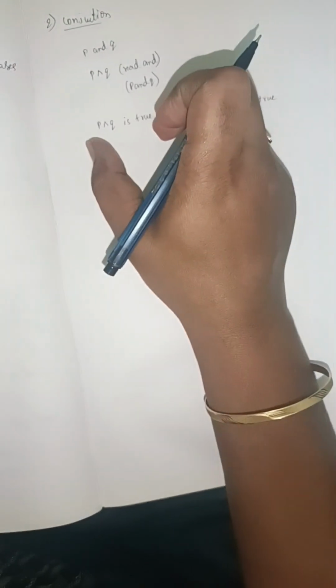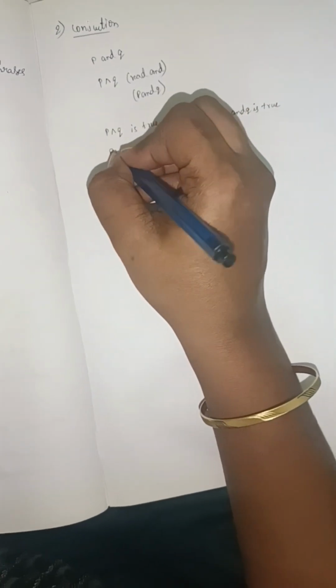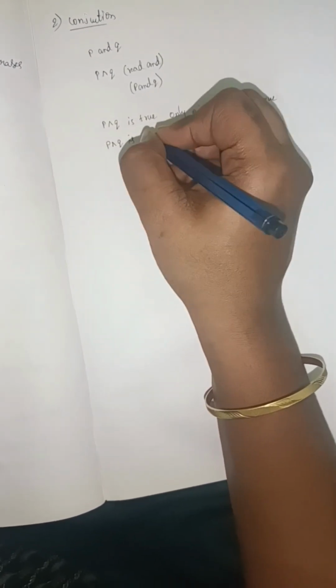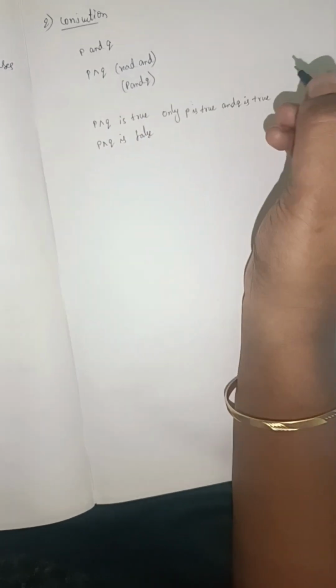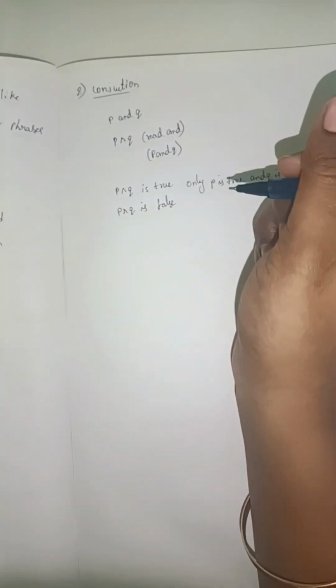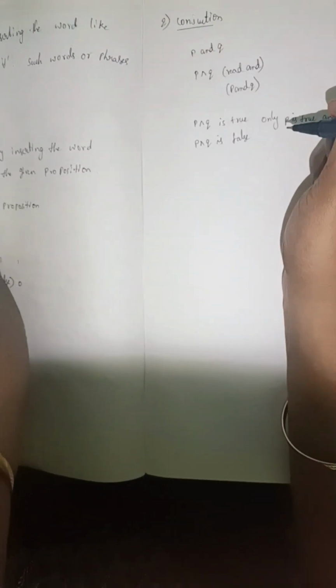In all other cases, P and Q is false. Which are the other cases?